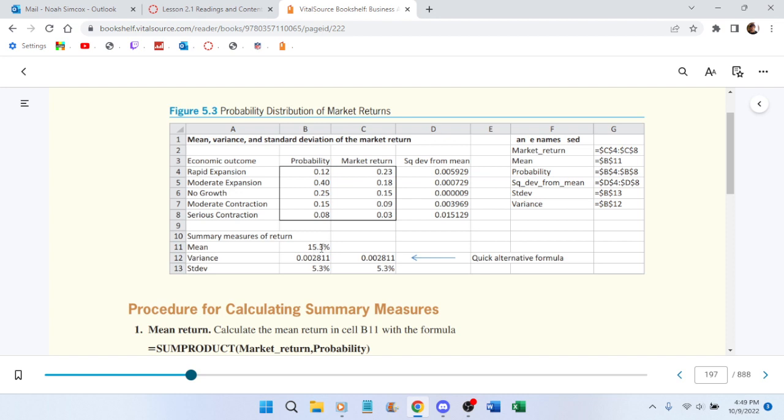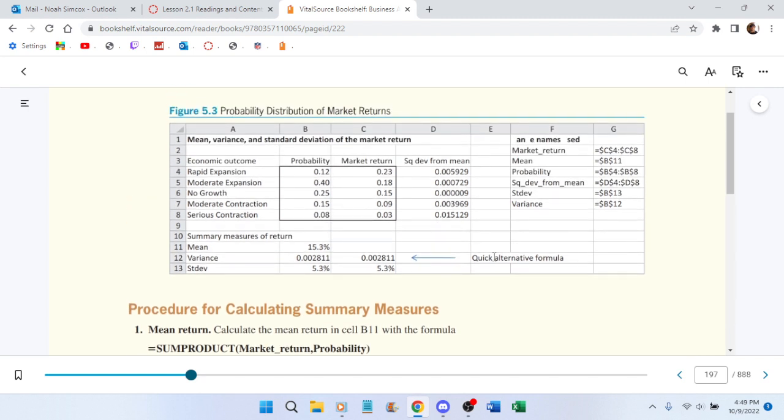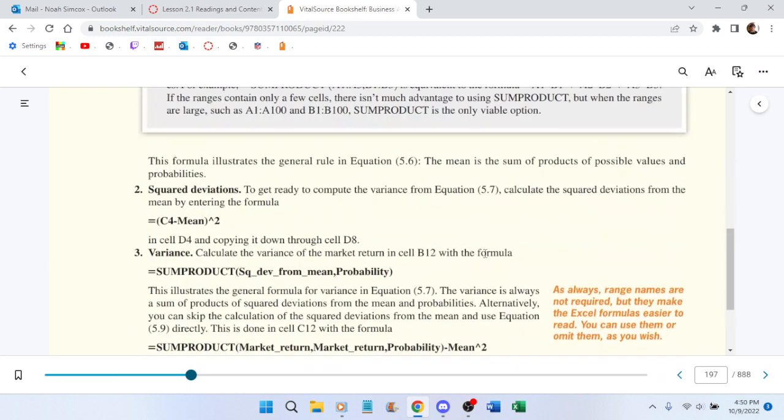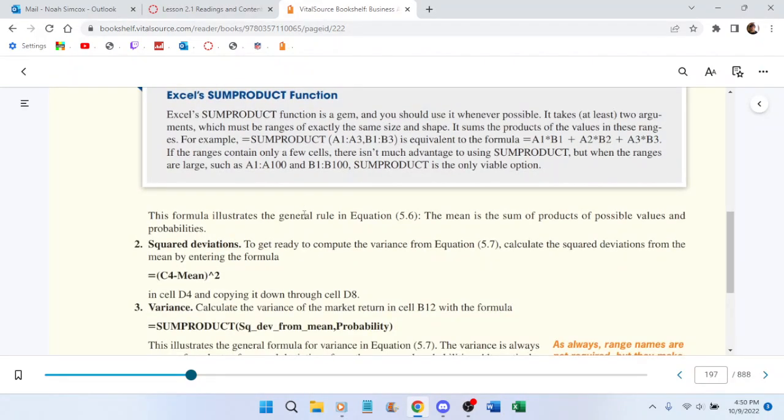We already calculated the mean. That's what this is, right? Whoa, C4 minus mean.